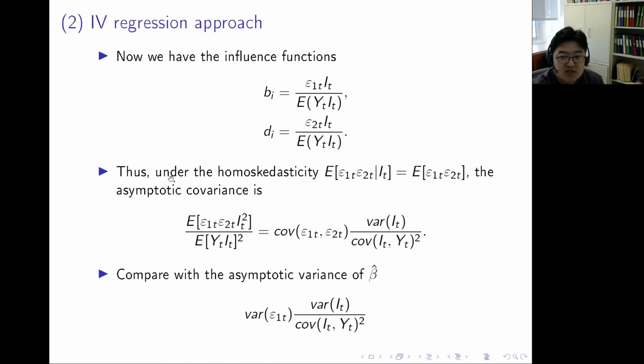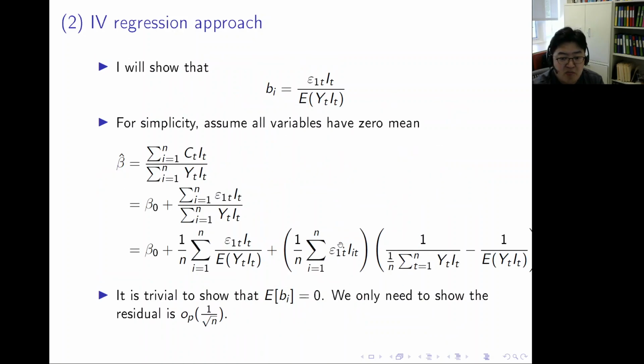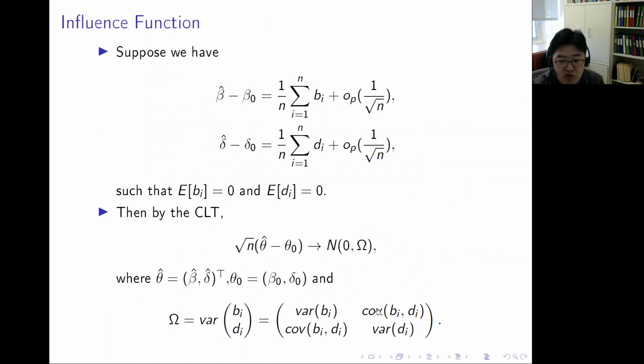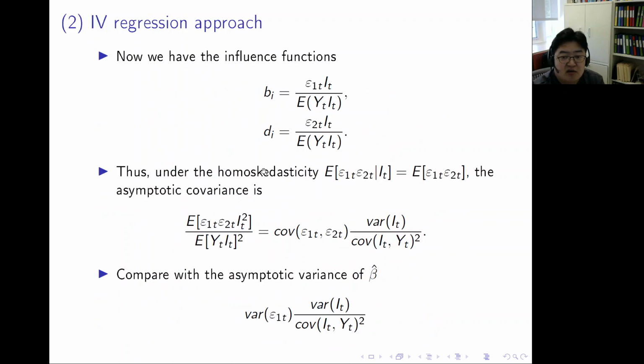Then under the homoscedasticity, you can calculate their covariance. So remember, go back to here. What we need is the covariance between two influence functions. That is the asymptotic covariance of these two estimators. It is not that difficult. You can calculate the covariance this way, and that is like this, right?